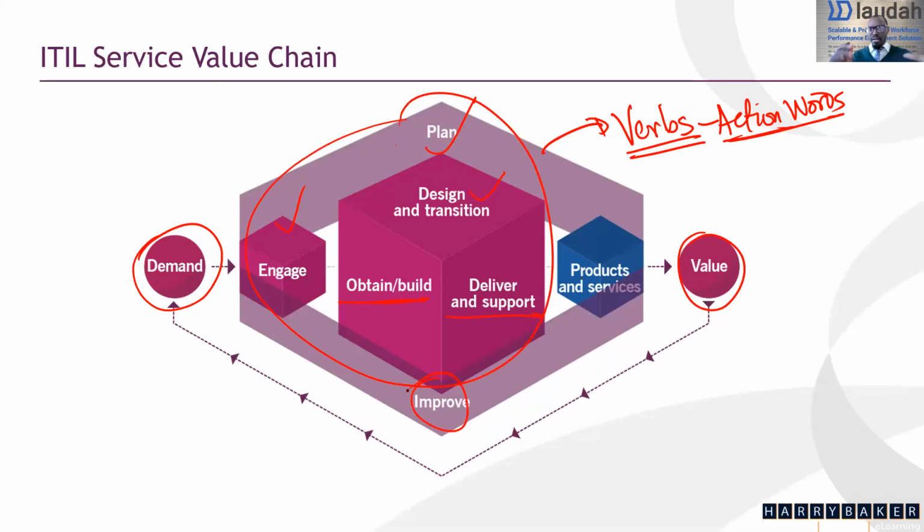So we have six service value chain activities. So that's one, and in no particular order, guys. I'm just listing two, three, four, five, and six. Every service provider will, at one point or the other, engage in these activities in order to produce the product or the services that will deliver value to our customers.